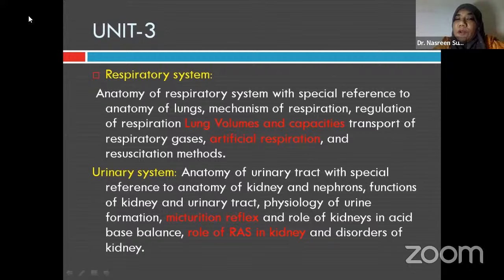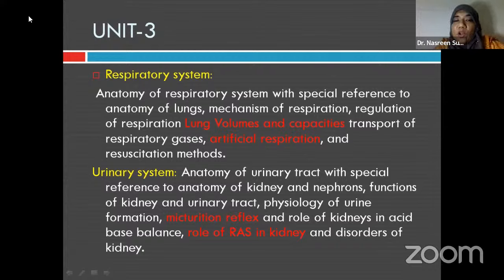Okay, coming to the urinary system. See, urinary system, if you study formation of urine, you will be covering half of the syllabus of urinary system. Okay, formation of urine. Next, micturition reflex, it will be present in the formation of urine only. Later in the last part will be micturition reflex.